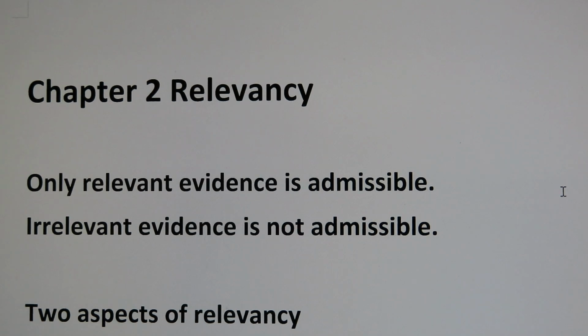In any case that is on trial, the parties can only present relevant evidence to prove or disprove the case. The party cannot introduce irrelevant evidence. So as a general principle, we say only relevant evidence is admissible, irrelevant evidence is not admissible.